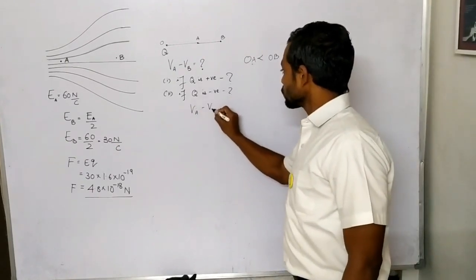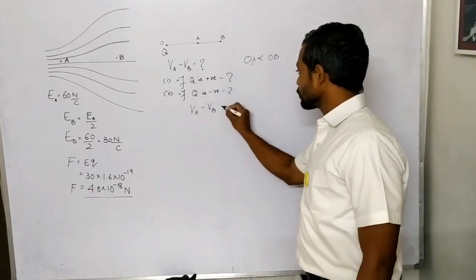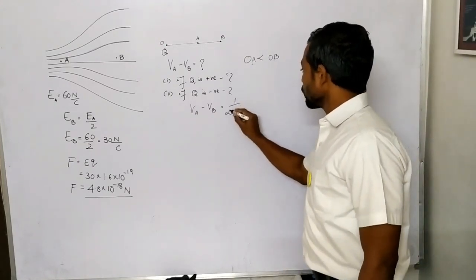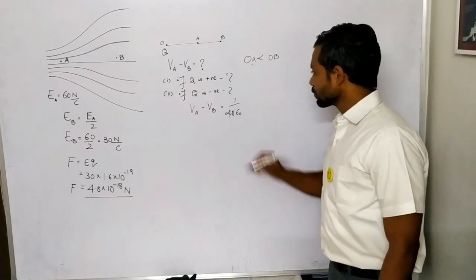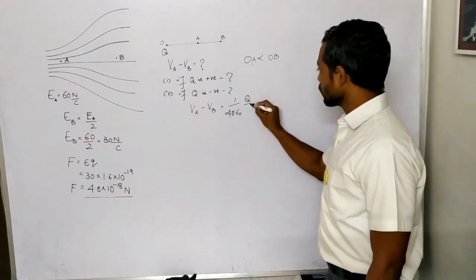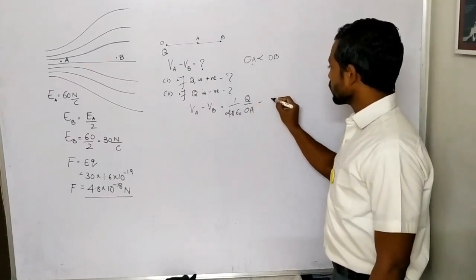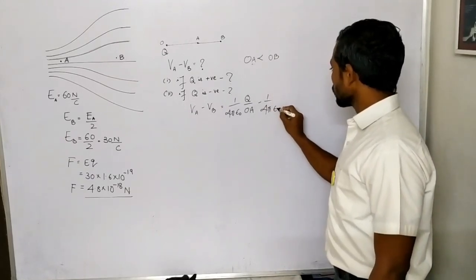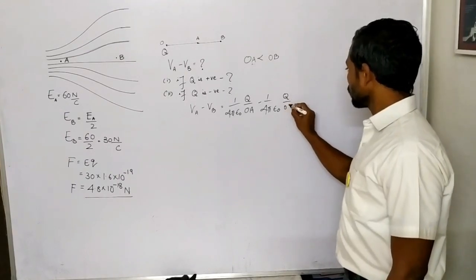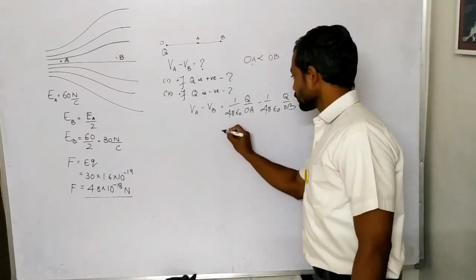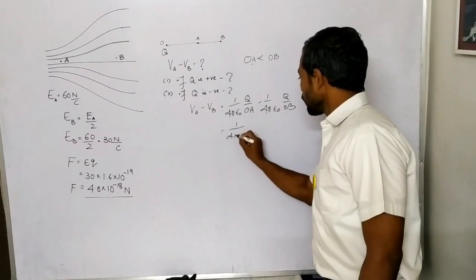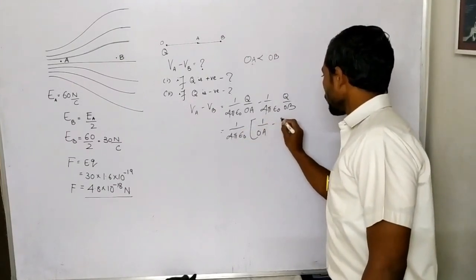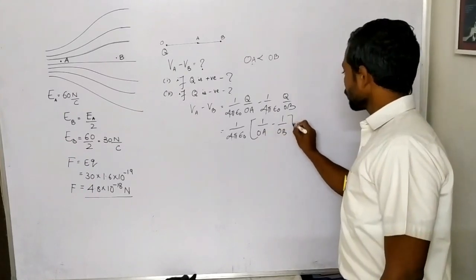VA minus VB, potential at A minus potential at B. From the formula, we can write it as 1 by 4 pi epsilon naught Q by OA minus 1 by 4 pi epsilon naught Q by OB. Taking the common 1 by 4 pi epsilon naught Q, we get 1 by OA minus 1 by OB.